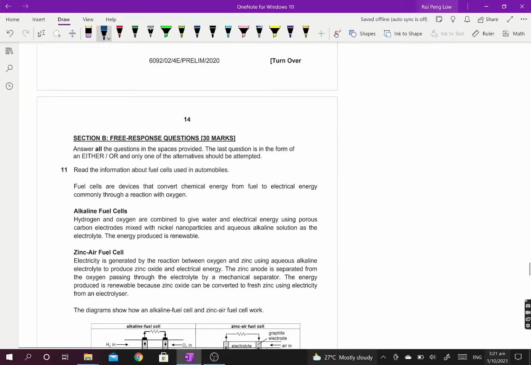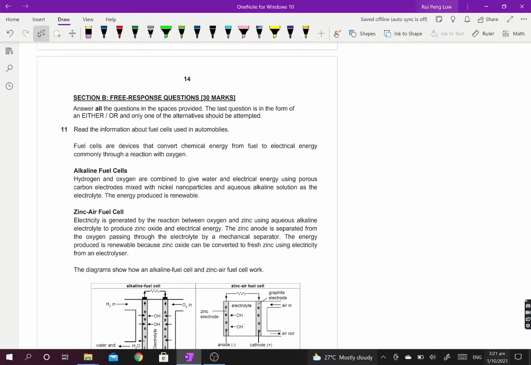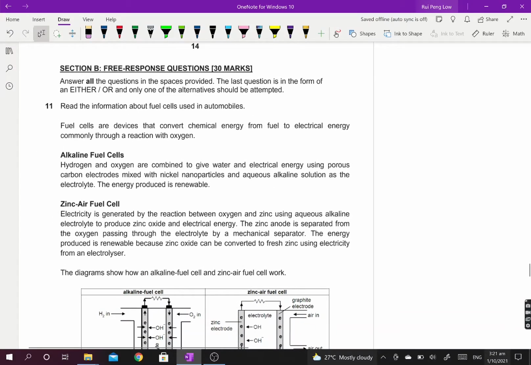Okay, now we are on section B, free response questions. For free response questions, same for physics and chemistry, both of them, you really need to read every single word of the data, because that is where you can get some of the clues.